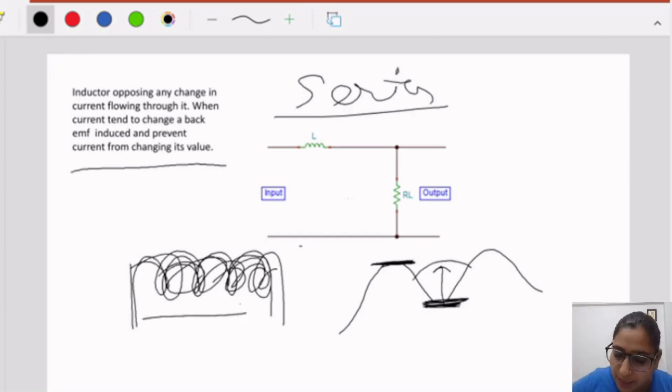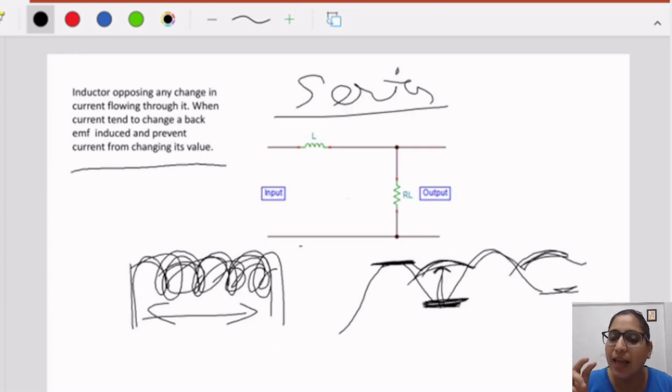Why so? Because a back EMF is working in this magnetic field. EMF is electromotive force, which is just managing to change the levels. Now this level will shift towards this, so again this level is here. Again, if negative comes, it will shift towards this. So a particular level is maintained. Why so?